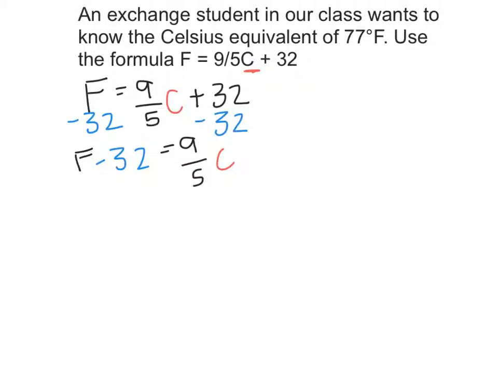And we are so close. We have one more fraction to get rid of, as you know, which is 9/5 because we need to get C by itself. So how do we do that? We multiply by the reciprocal. Yay!